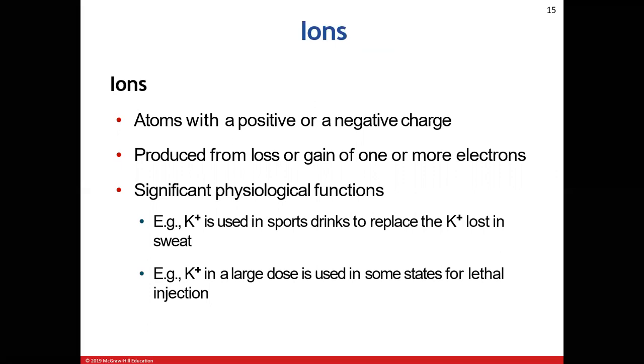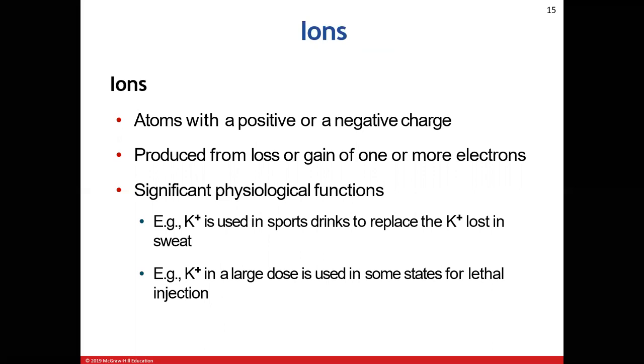So ions are atoms with a positive or a negative charge. Okay. And they're going to be produced from the loss or the gain of one or more electrons. So as they start to move and shift these electrons around, we get elements that begin to have a little bit more of a positive charge or a negative charge.